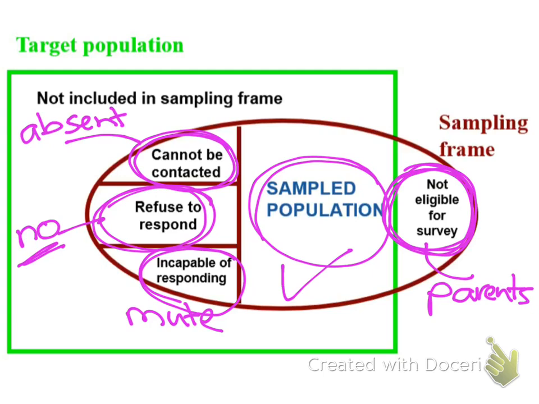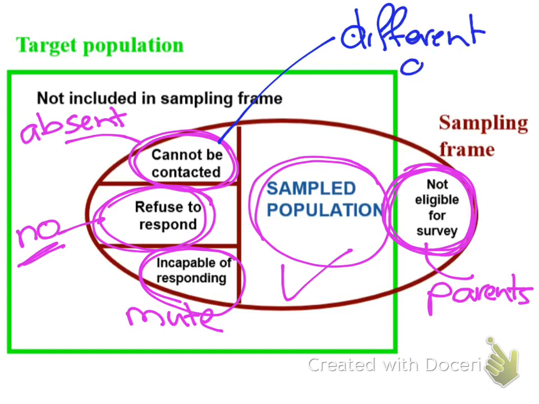Now, the important thing is being able to identify them, but even more than that is being able to think about, well, why do we care about these people? Why do we care about the people that were absent or the people that didn't want to answer my survey? These people may have different opinions. They might give me different data. They might feel differently about this cafeteria than those who have responded.